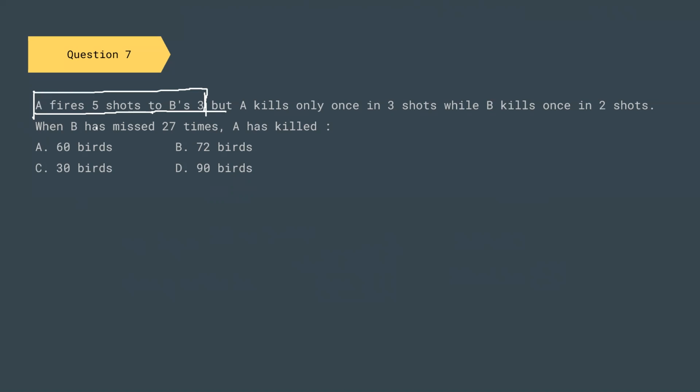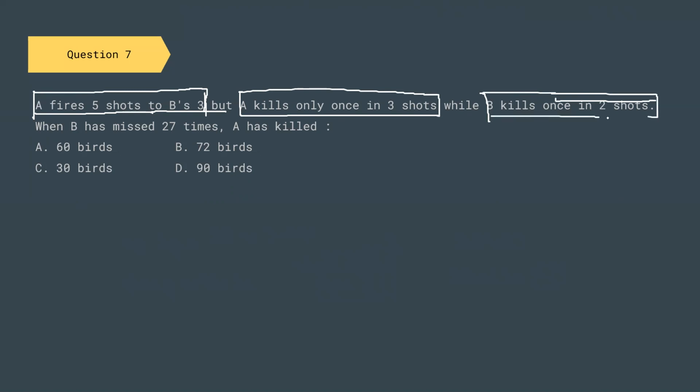A fires 5 shots to B's 3, but A kills only once in 3 shots and B kills only once in 2 shots. B has missed 27 times and A has killed how many birds?